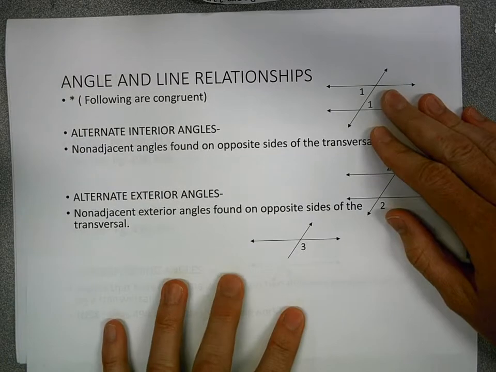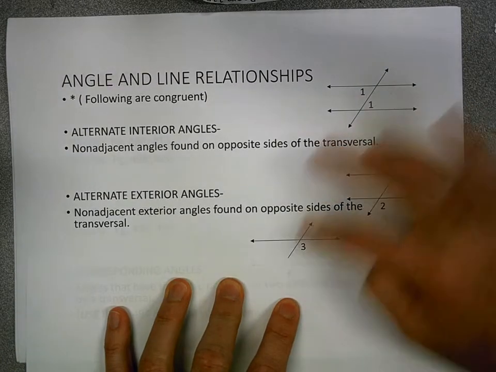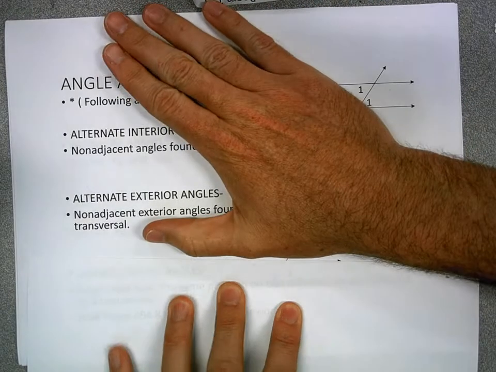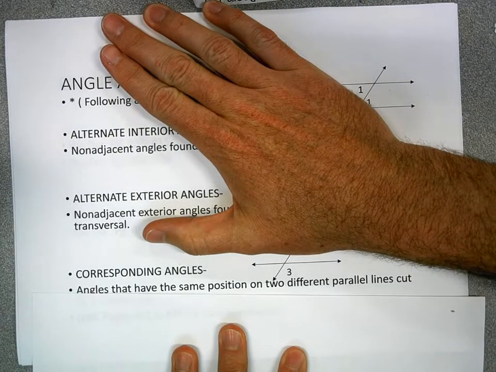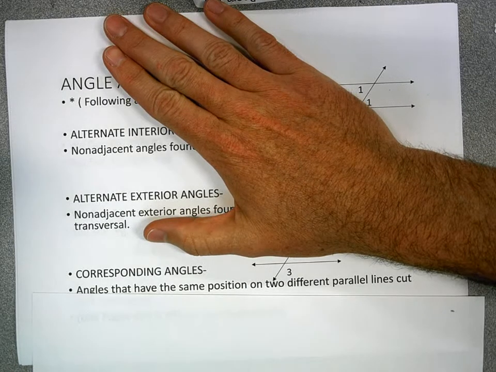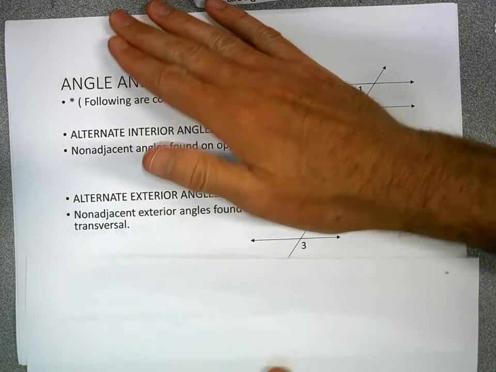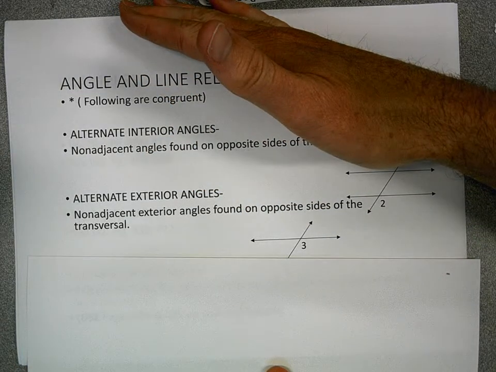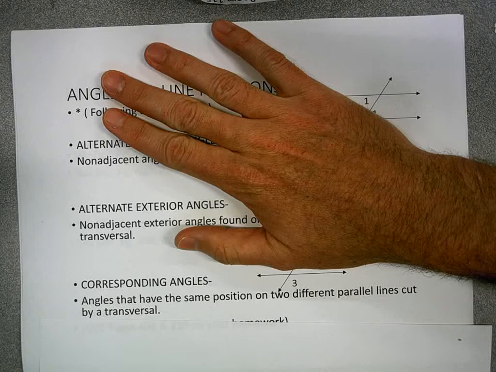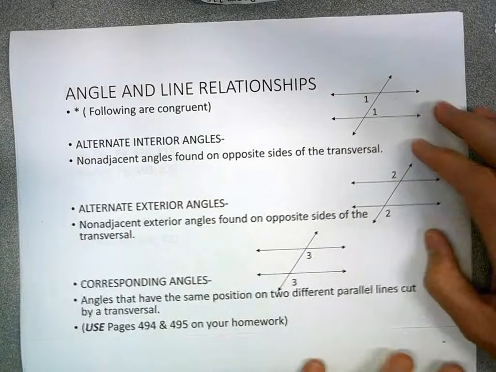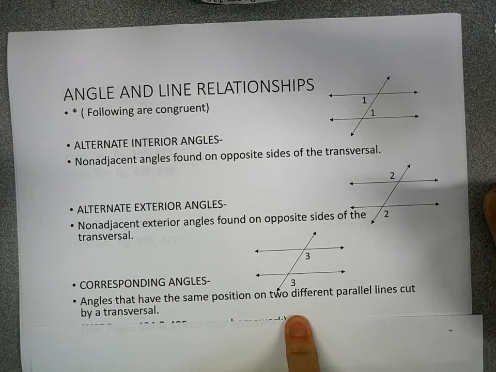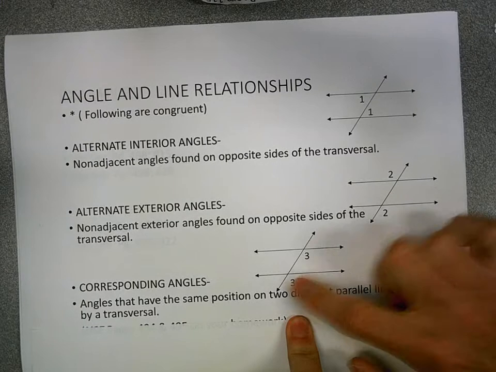Pretend those are two intersecting lines, and then you take those two intersecting lines and put them in the same position on the other line. See how it's on the bottom right, and that one's on the bottom right? That's what it means by corresponding angles. So those are congruent as well.